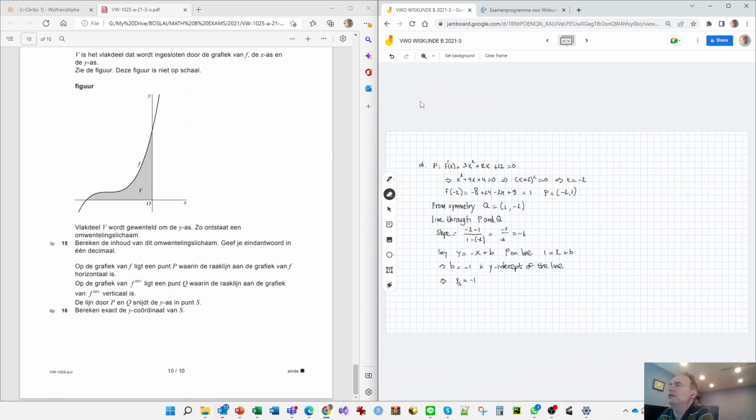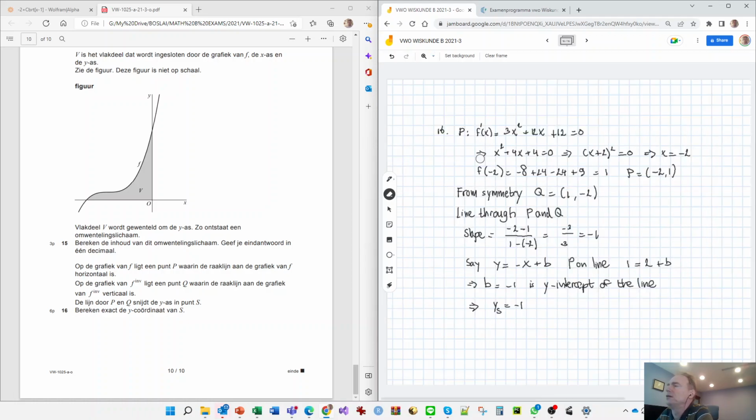Okay, last question. There is a point P for which the tangent is horizontal, so that will probably be somewhere here. And on the inverse, there's a point Q for which the tangent is vertical.